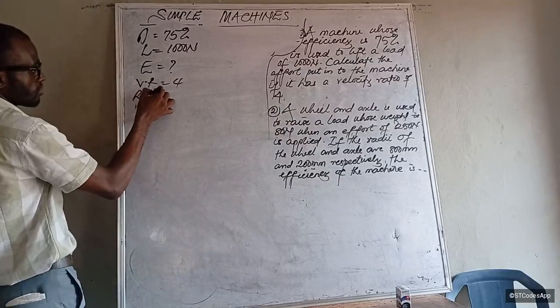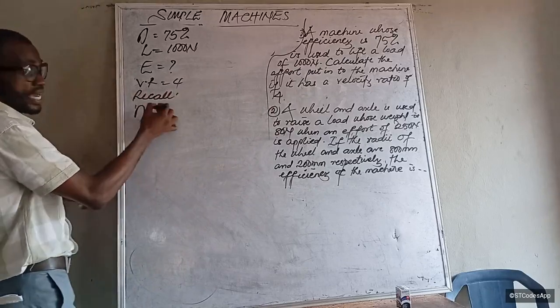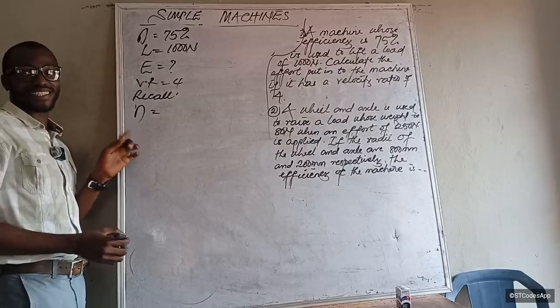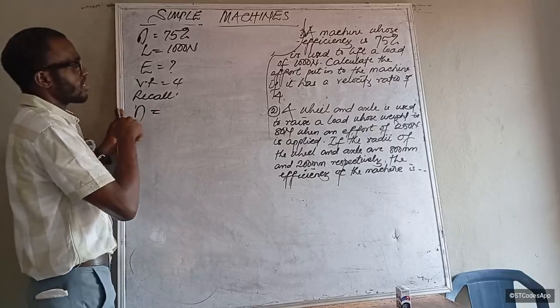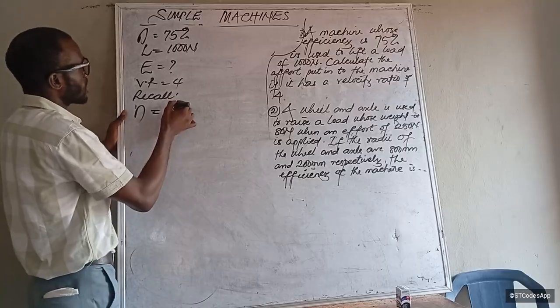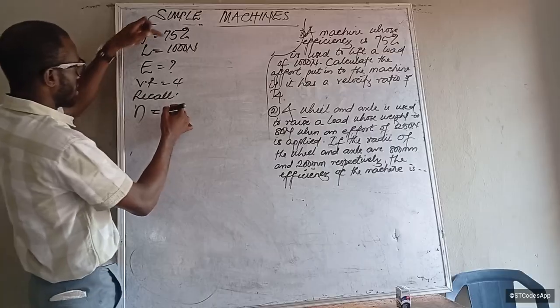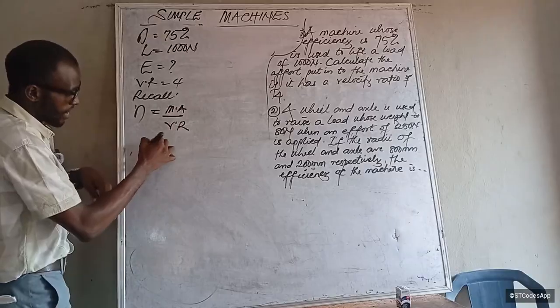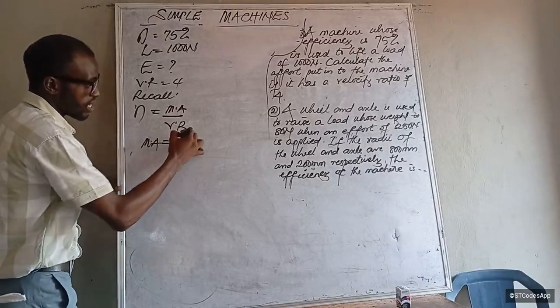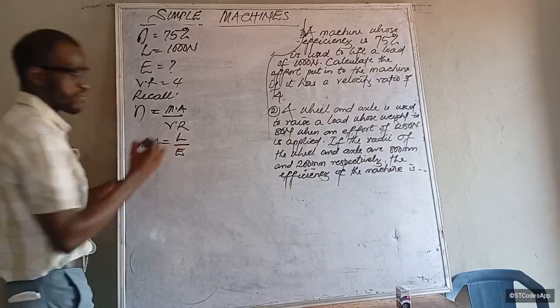Recall that efficiency, the Greek letter eta, is equal to MA over VR, right? And mechanical advantage is load over effort.